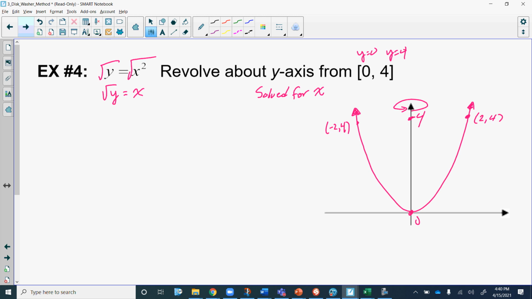Now again, we're still doing the disk method. So this essentially is your radius. And in this case, the radius is going to be whatever x is. That's why we wanted to solve our values in terms of x. So in this case, that is the square root of y.